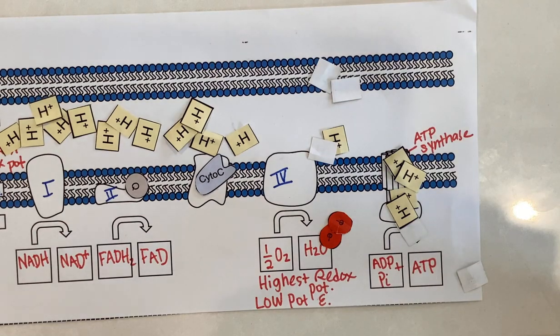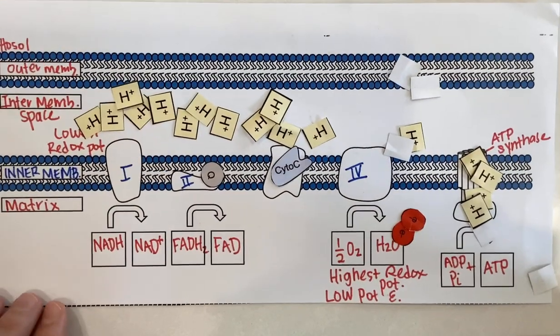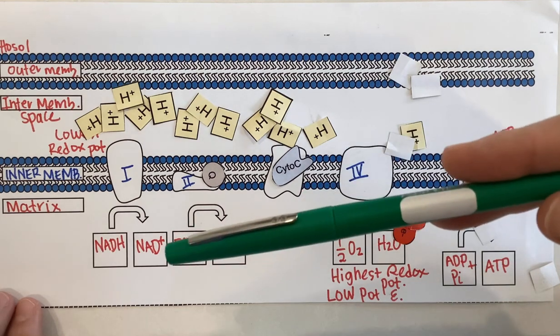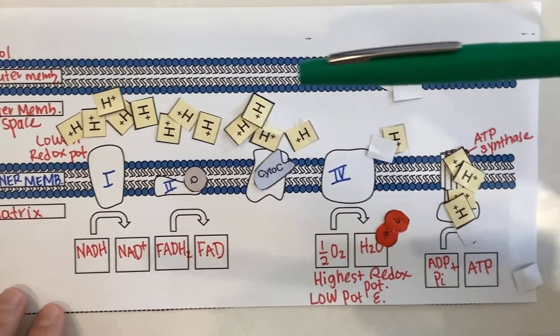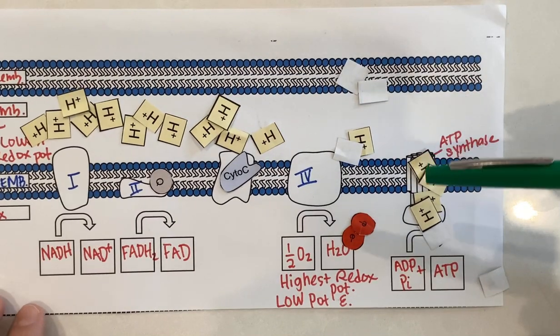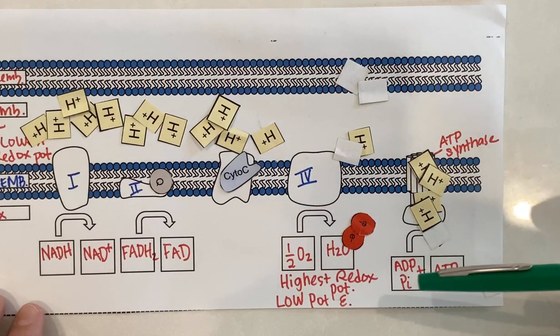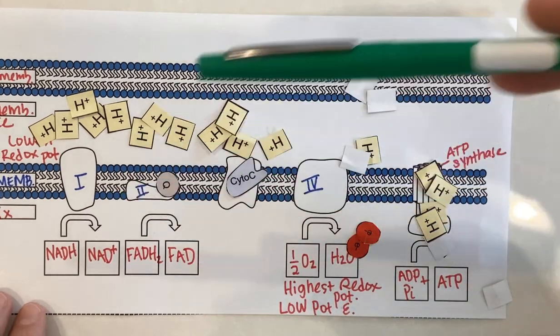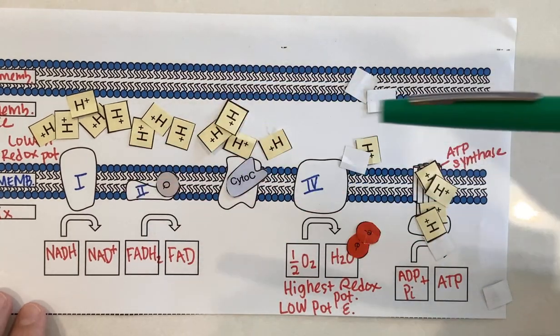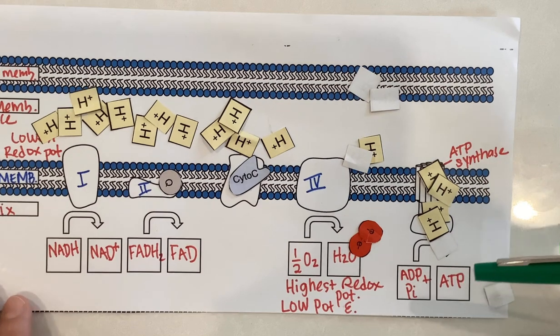And so that's how ATP is made. So just to point out, right, we have chemical energy into electrical energy, into mechanical energy, and then back into a usable form of chemical energy. So that's the overall process of oxidative phosphorylation to generate ATP.